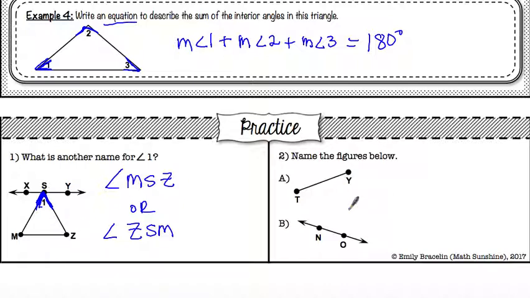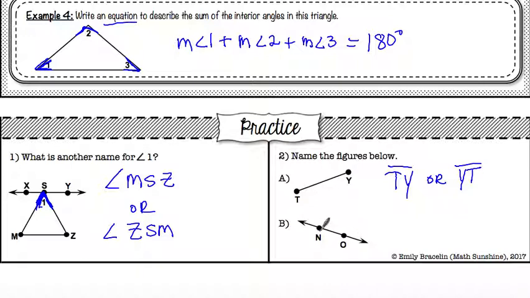And then on practice 2, it says name the figures below. The first one has 2 endpoints, so I know that's a segment, and this is segment TY with a line on top, no arrows because it's a segment. Okay? Or segment YT with a line on top. 2 ways I could name this.